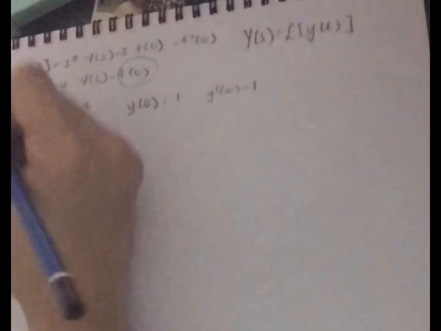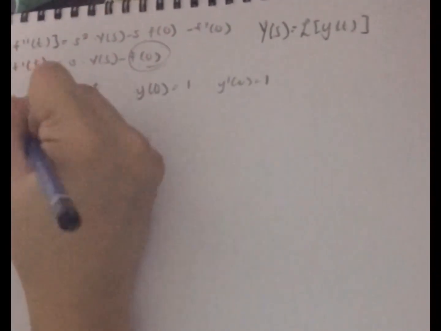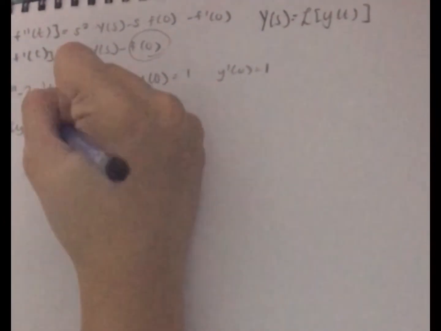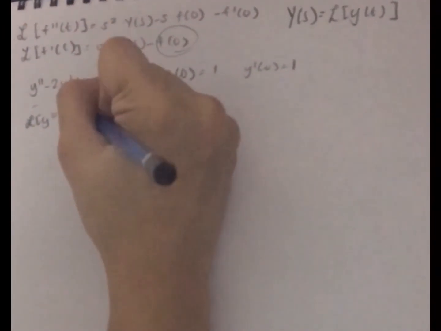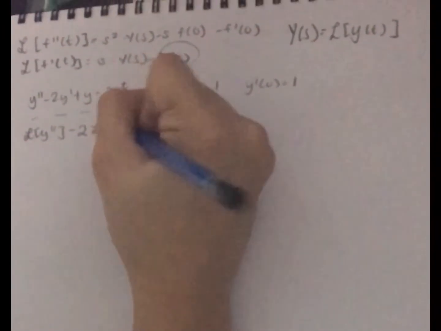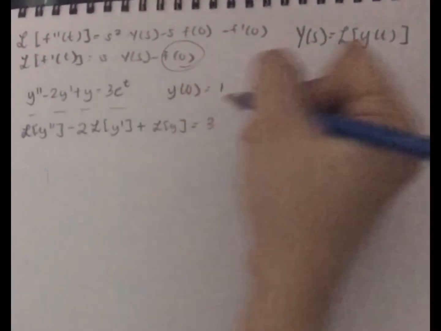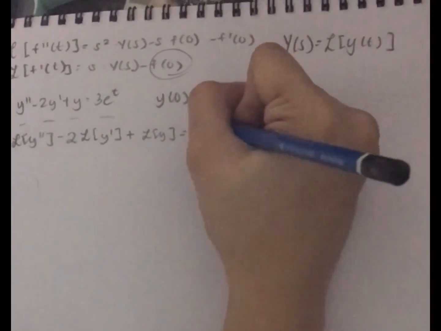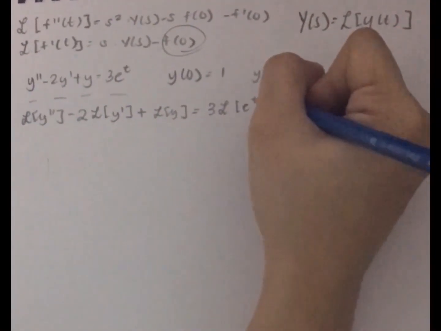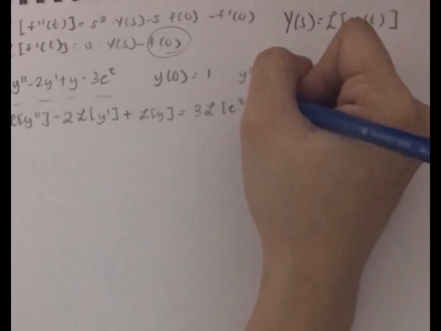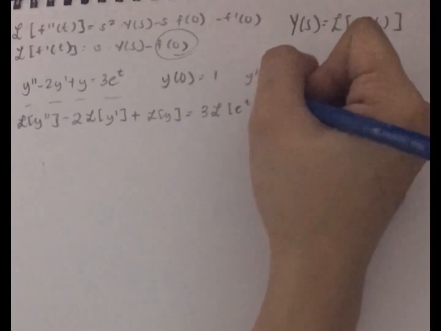First, let's get the Laplace transform of each term by writing the Laplace transform of y double prime minus 2, where 2 is our multiplier as well as the 3 on the right side, times the Laplace transform of y prime plus the Laplace transform of y is equals to 3, our multiplier, times the Laplace transform of e raised to t. For the third term, we will use the 1 over s minus a, the Laplace transform of e raised to at.